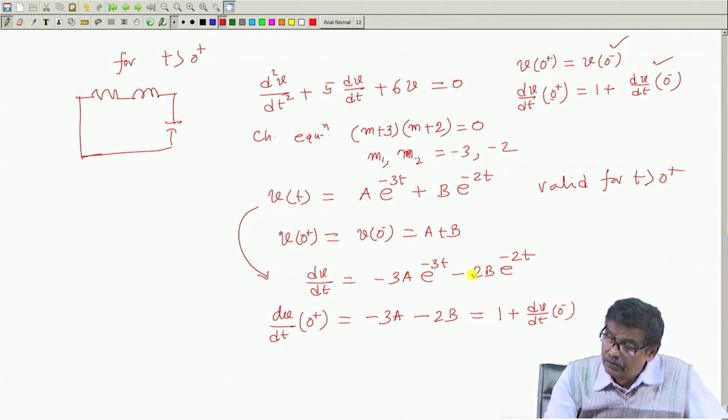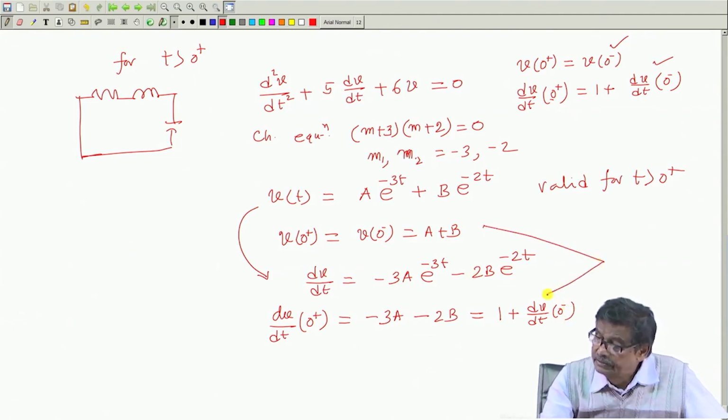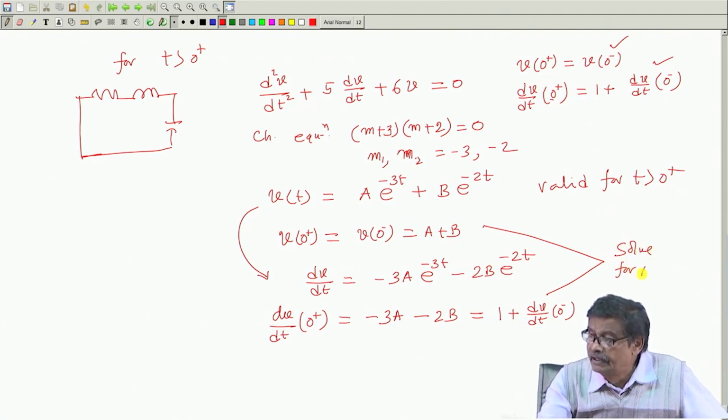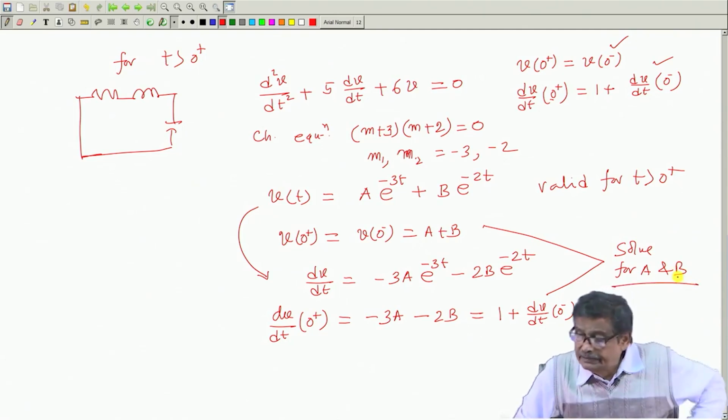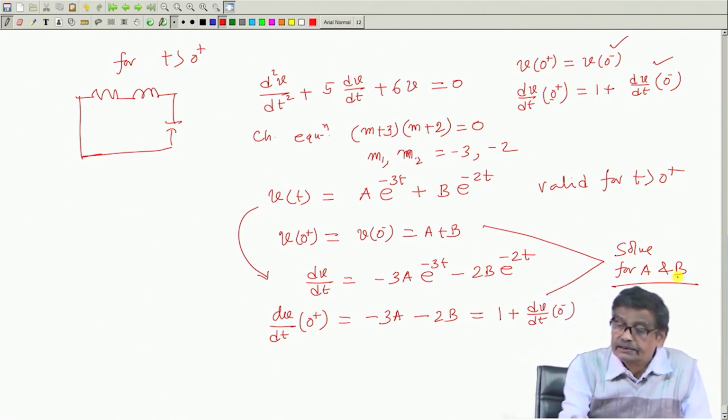So, there are now these two equations. Solve them for A and B, which I am not doing. You can just try to solve them and then come back here.